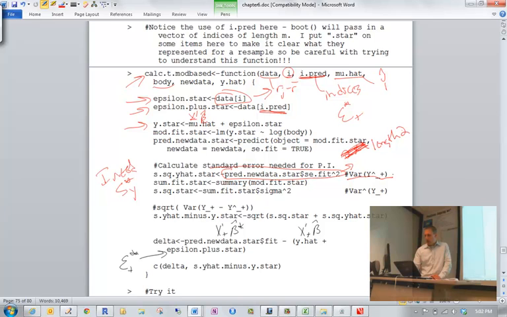And this is my variance of y hat plus. In other words, s squared, oops, can you read that, or do you need me to rewrite it? I'd be happy to rewrite it.